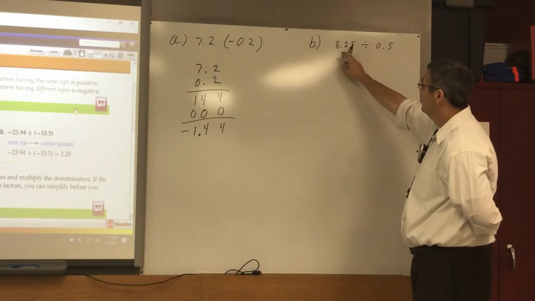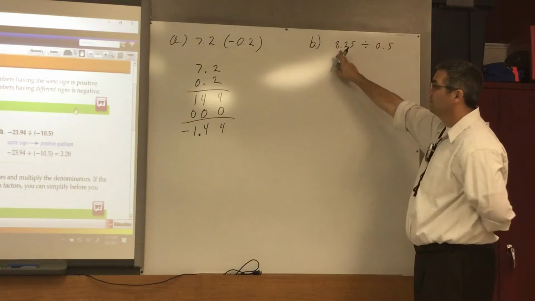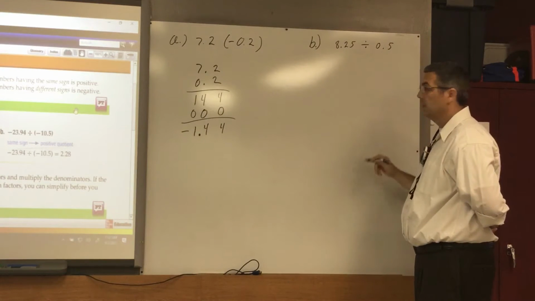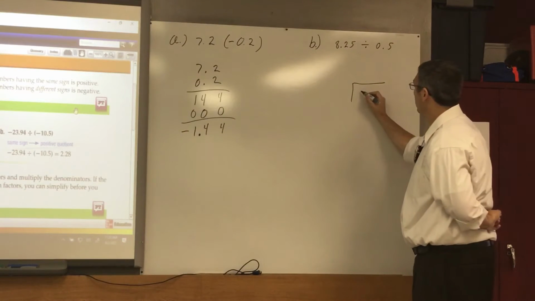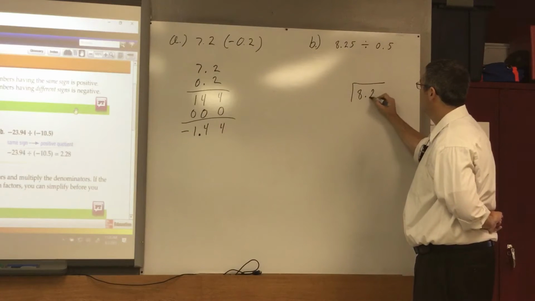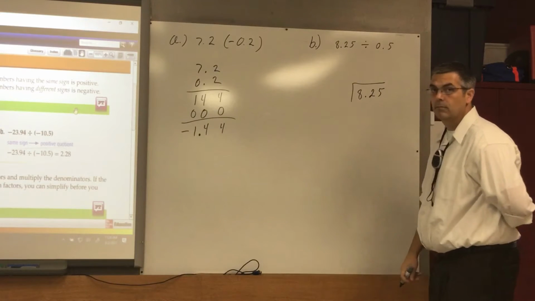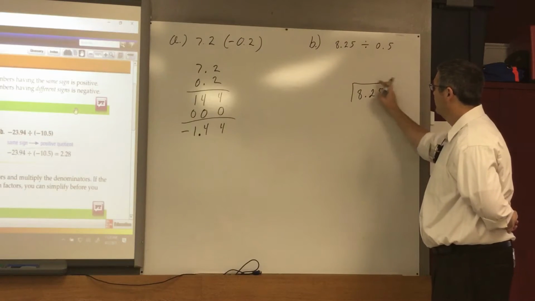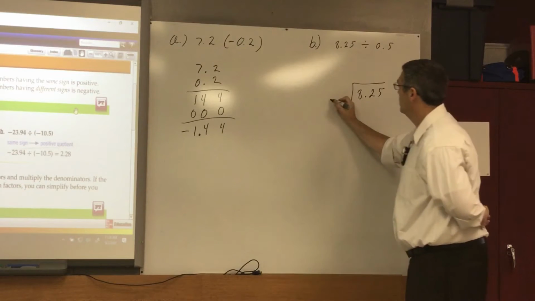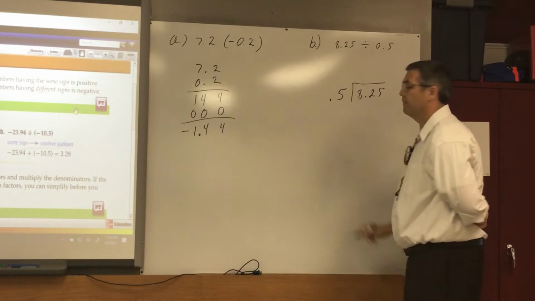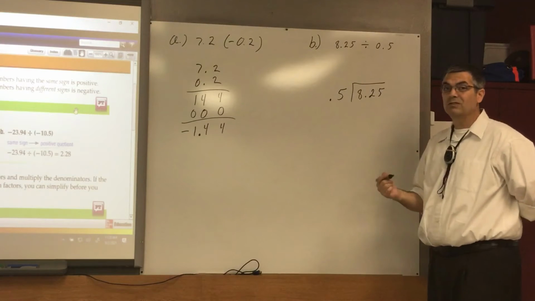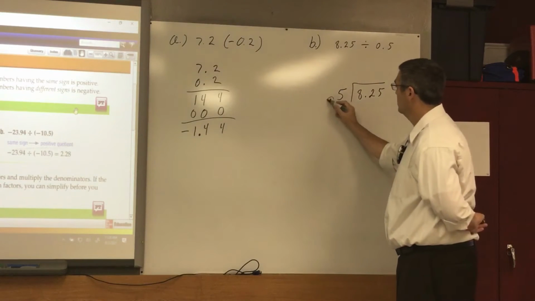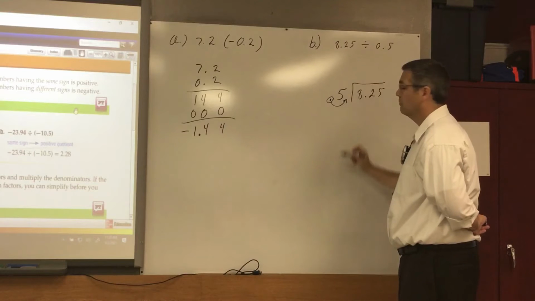Remember, the first number, when it's written like this, first number goes in the box. Divide, right? So 8.25 divided by 0.5. So what we're gonna do is we're actually gonna move this decimal first. We're gonna take this, we're gonna move it here.